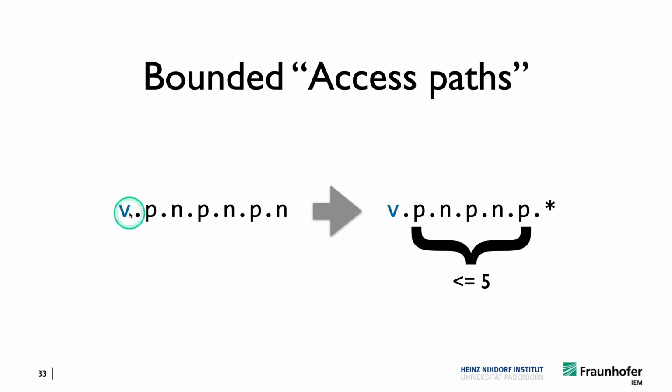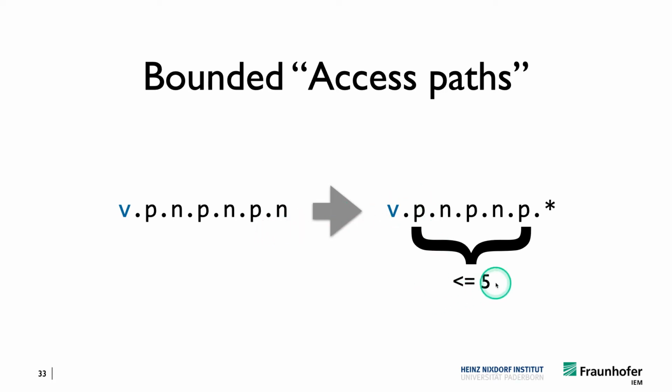So this means if you hit an access path such as here, where you maybe have some local variable v, and then a pref next, pref next, pref next pointer, and so on. So in this case, some linked data structure, these access paths could go on forever.